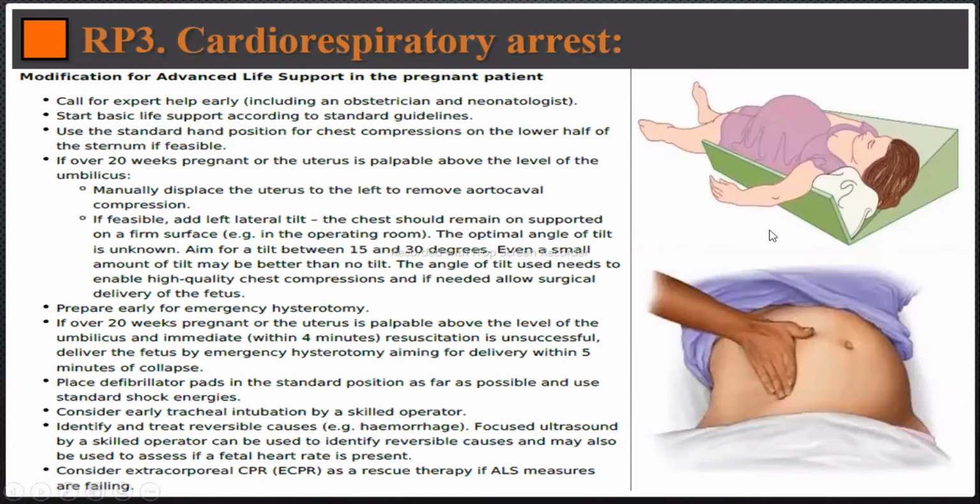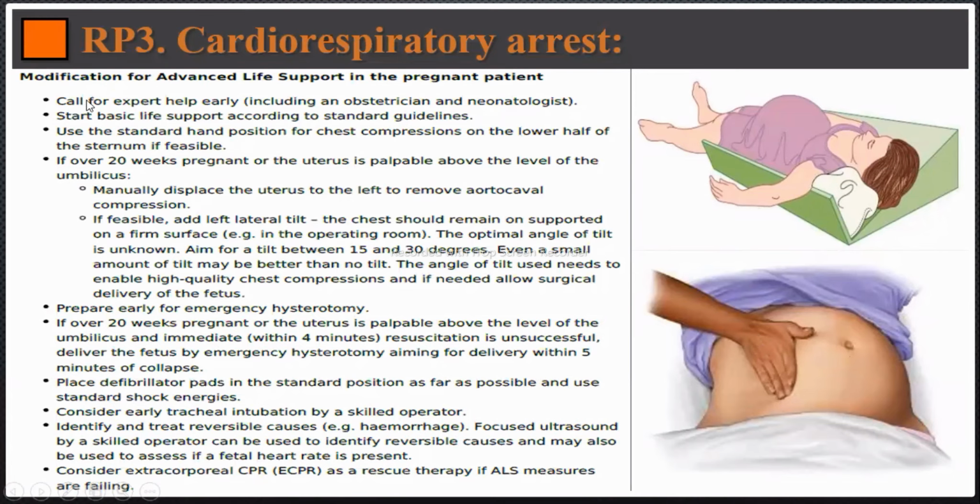In cardiac arrest, if the patient is pregnant, you can do manual displacement of the uterus to the left side because it will relieve the pressure on the inferior vena cava, or you can use a Cardiff wedge. Okay. So here in pregnancy, what are the modifications?